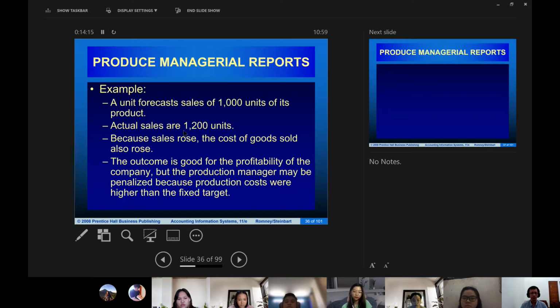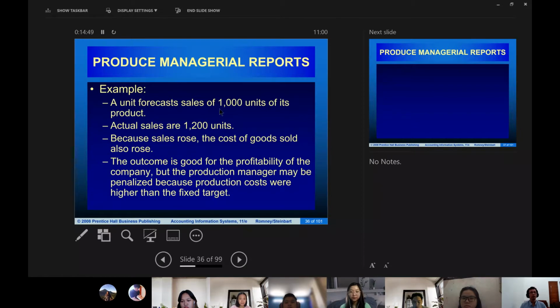And if we don't consider the increase in sales, the production department will be penalized. Okay, and we need to consider this. Although the sales department was able to sell 1,200, if we don't give appreciation to the production department, they won't be able to produce this 1,200.